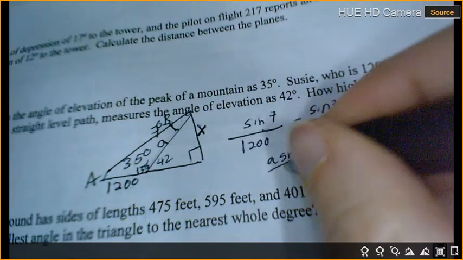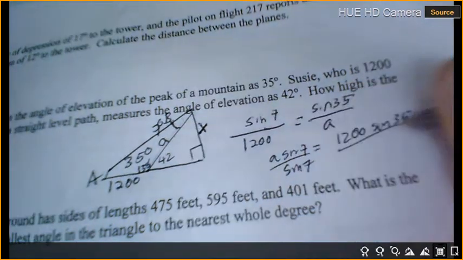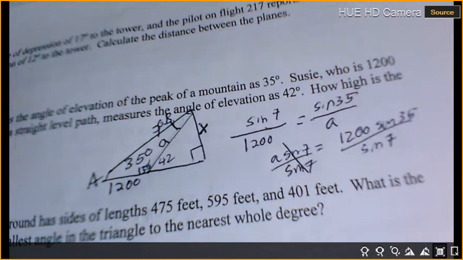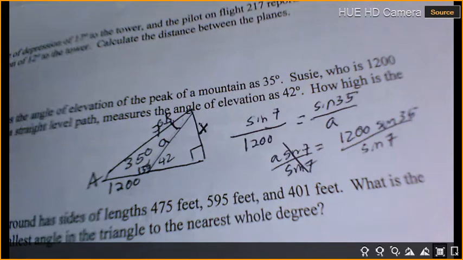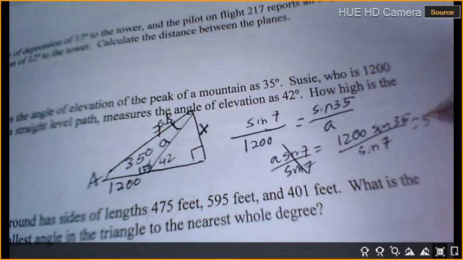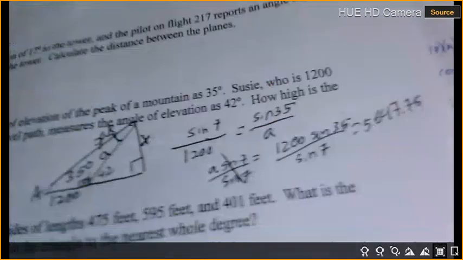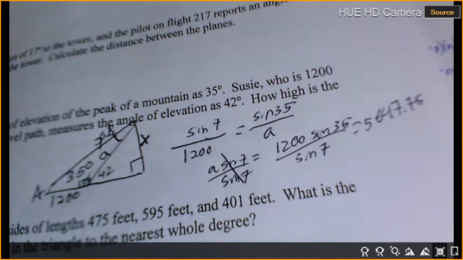Divide both sides by sine 7. We're going to put that in our calculator, so we hit control divide to get a fraction. 1,200 sine 35 divided by sine 7 gives me 5,647.78.